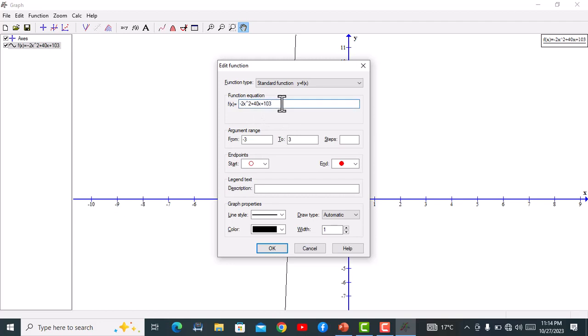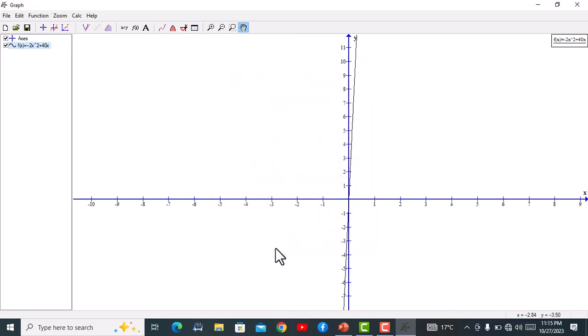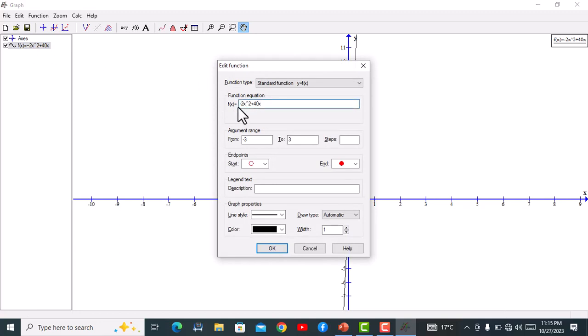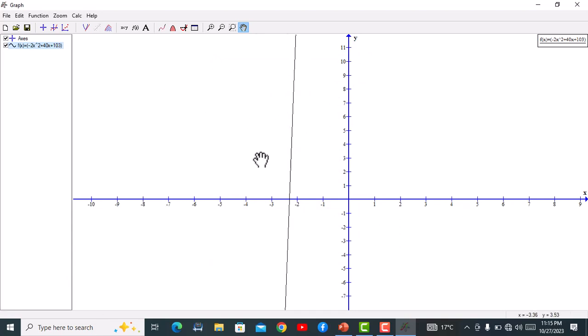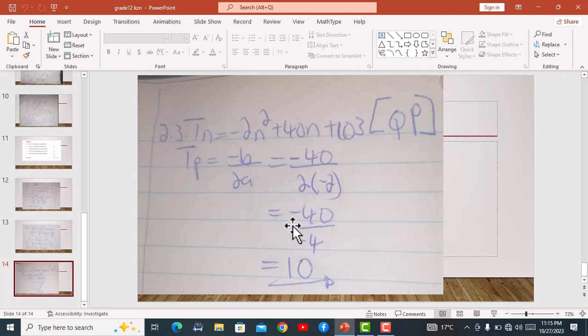Okay, let me check. Okay, guys, unfortunately it doesn't want to do what I want to do, so let me just leave it.